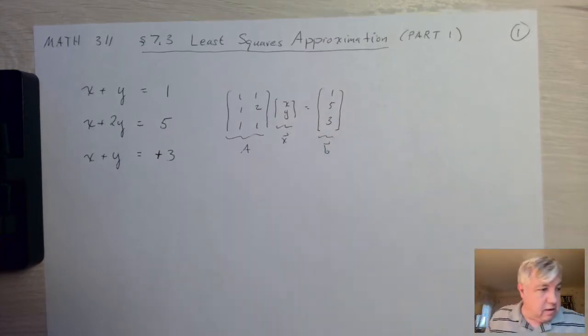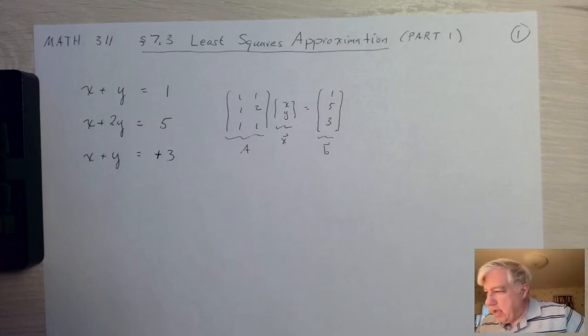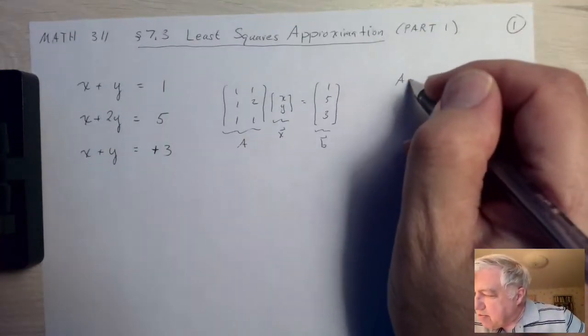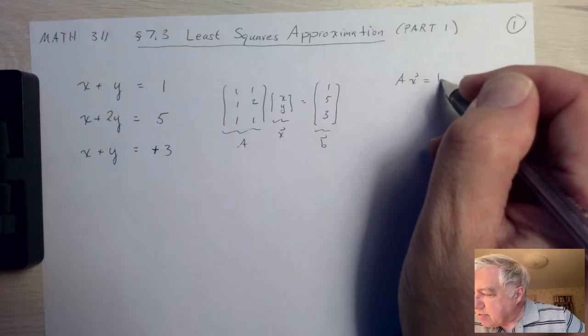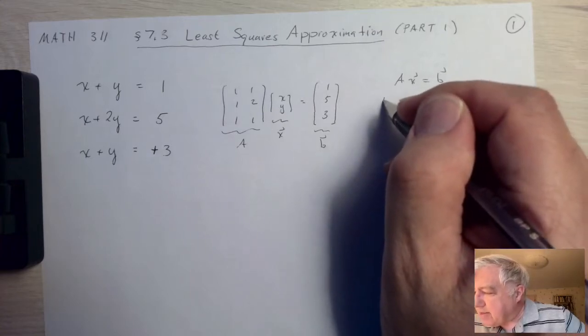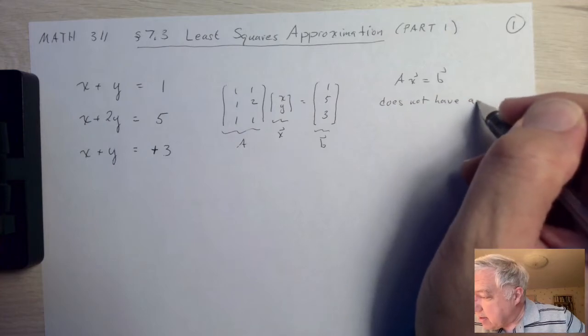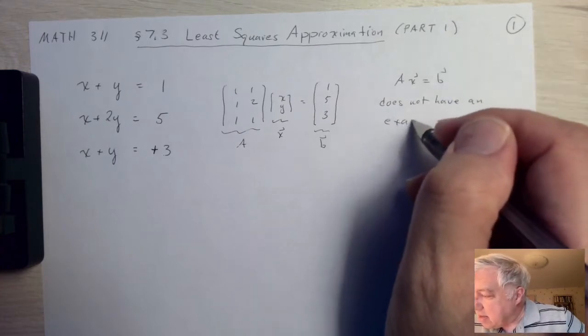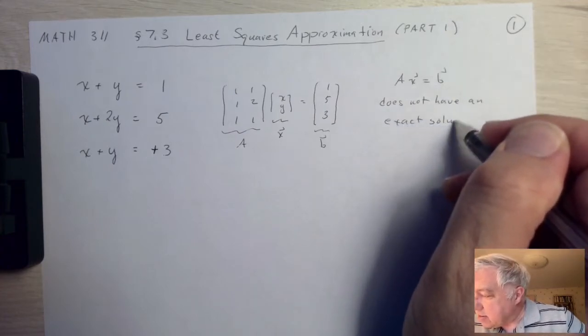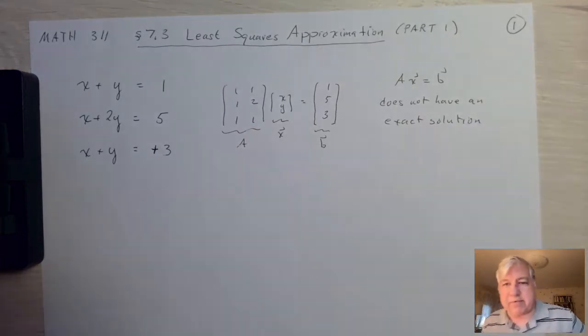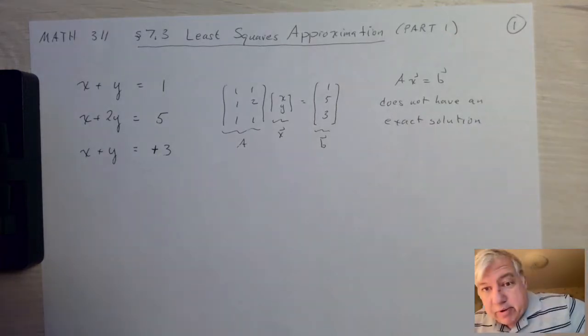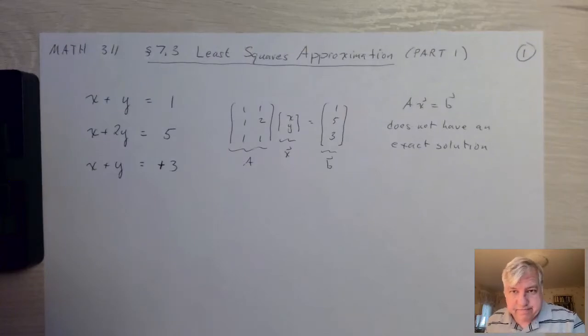Okay. So if we consider this equation Ax equals b, this does not have an exact solution. Okay, obviously. So why would we even consider it?